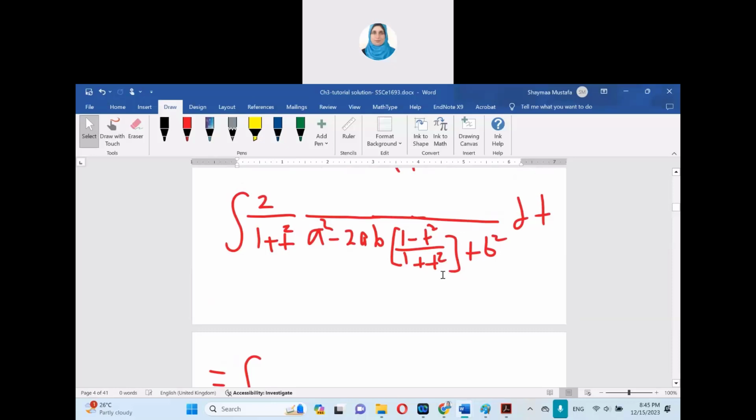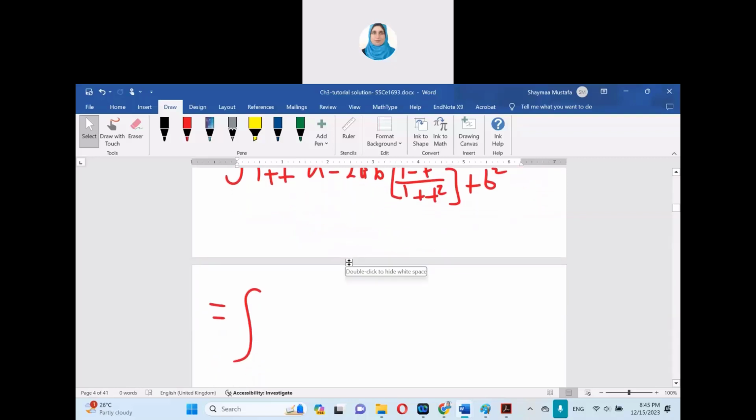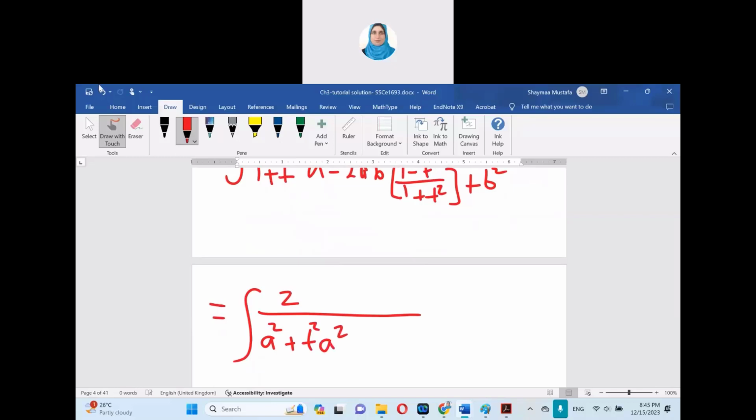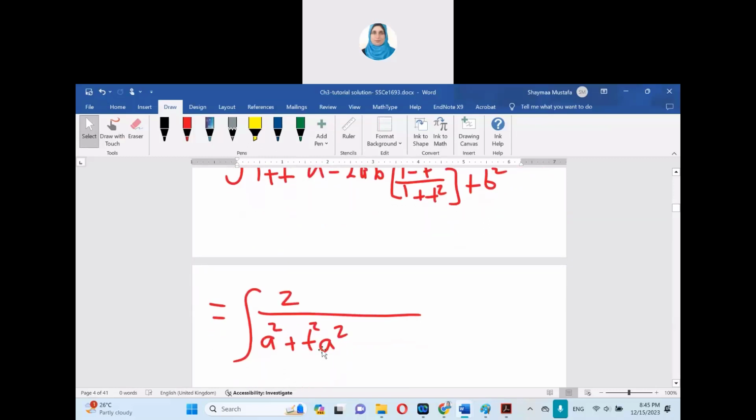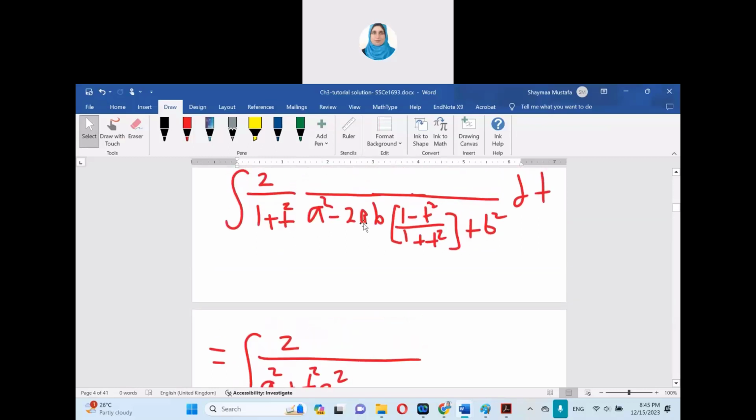So we have 2 outside. A square times 1 plus t square is a square plus t square a square.